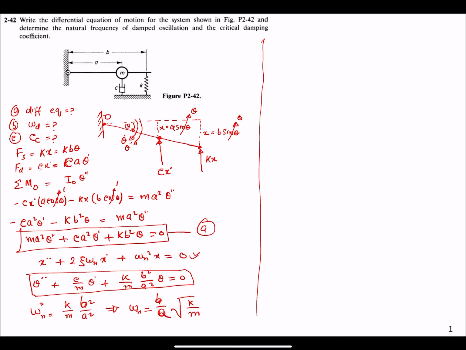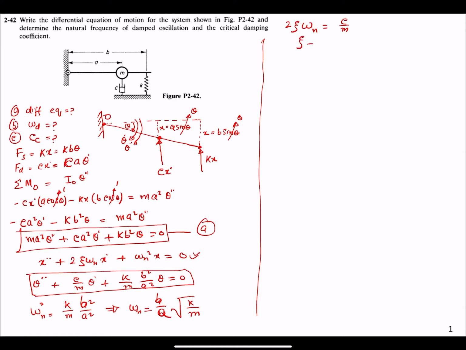Now we can also compare the damping terms. Here we have c by m, and in the standard equation we have 2 zeta omega n. So 2 zeta omega n is equal to c by m.